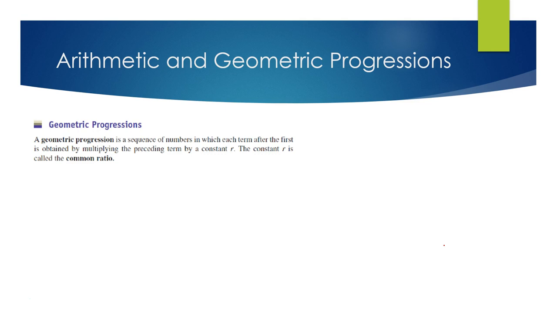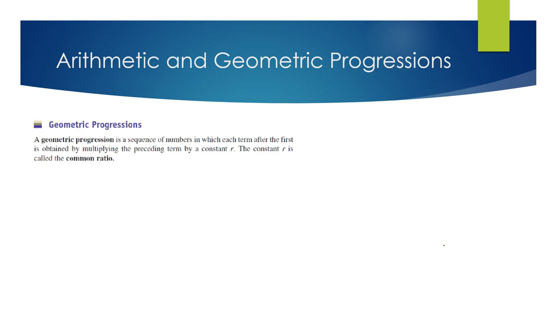So when we come up with an arithmetic progression, we're taking the previous term and adding a constant each time as we go along. For a geometric progression, we're actually multiplying a constant as we move along. So if I have a common ratio of 2, I would take the first term, multiply that by 2, get my second term.